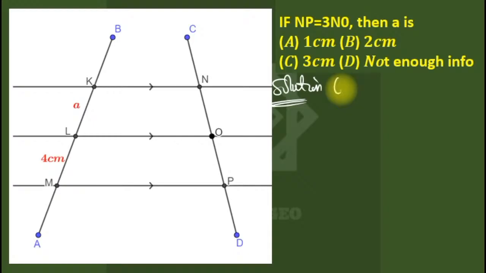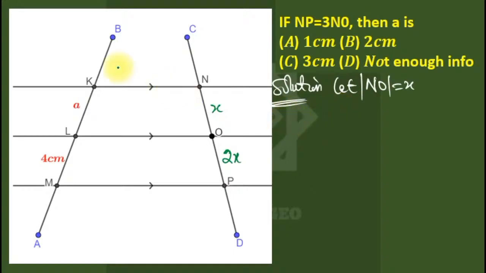Let's call the length NO X. They tell us NP is 3NO, so NP is 3 times X, and here should be 2x, for it to be 3x.